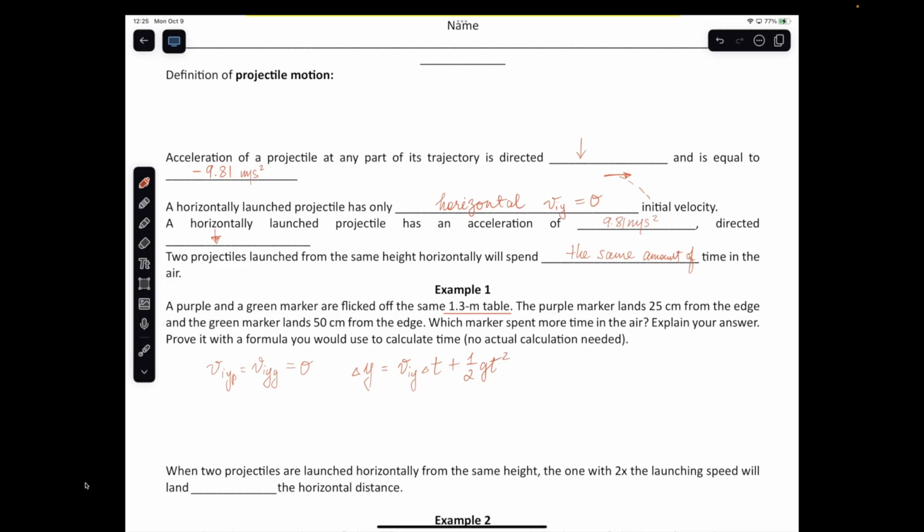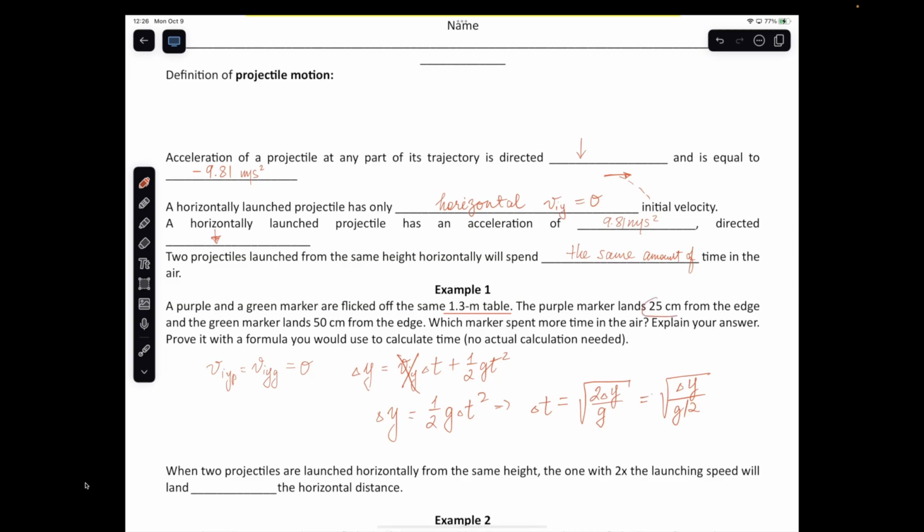If you have initial velocity y equal to 0, then this just goes away and you have change in y equals 1/2 g t squared, from where change in t is going to be the root of 2 change in y over g. Either way, you will have the same amount of time that the two markers spent in the air.